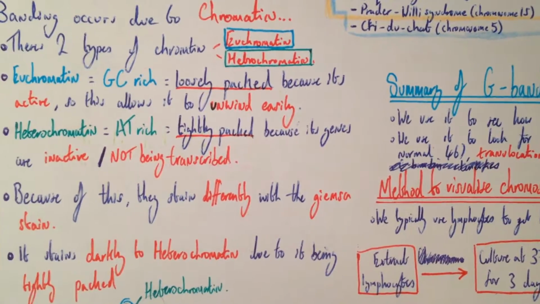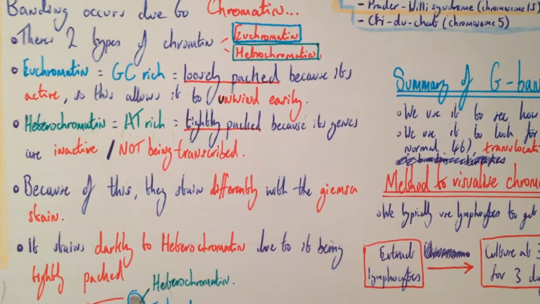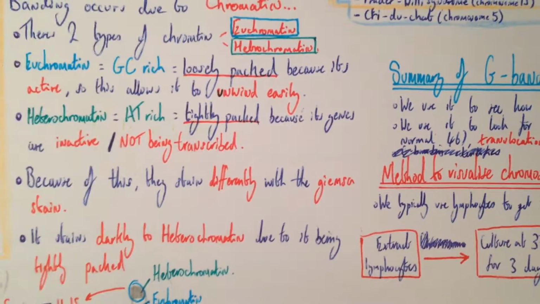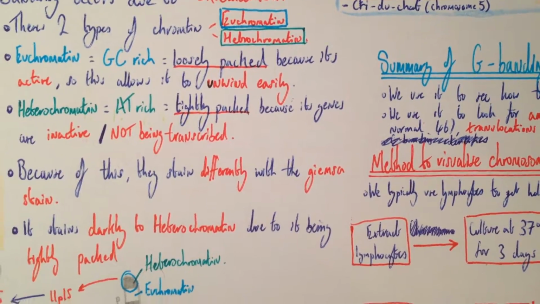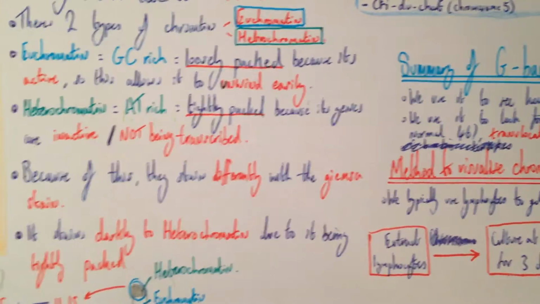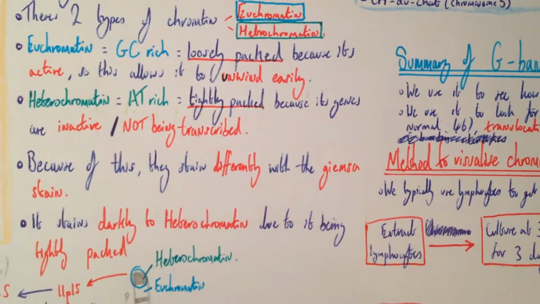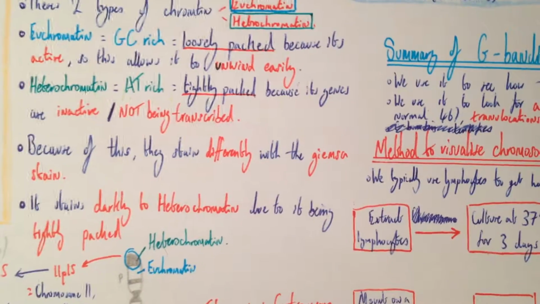It's being transcribed regularly, so being loosely packed enables it to unwind and unzip easily. Heterochromatin is AT rich and tightly packed because its genes are inactive, so it's not being transcribed.